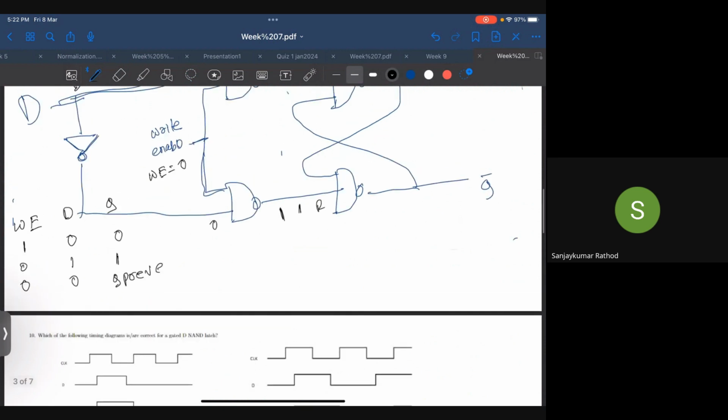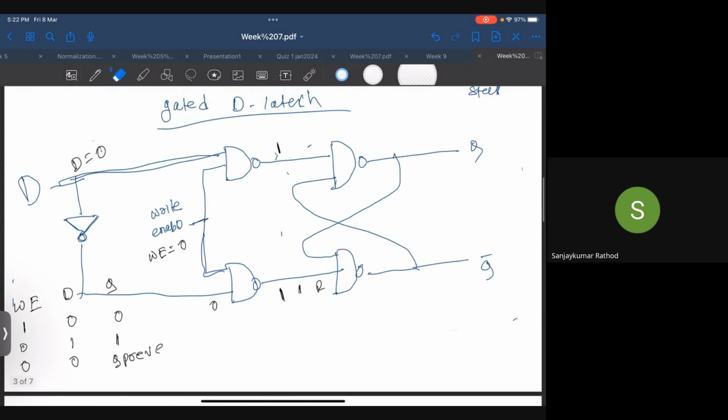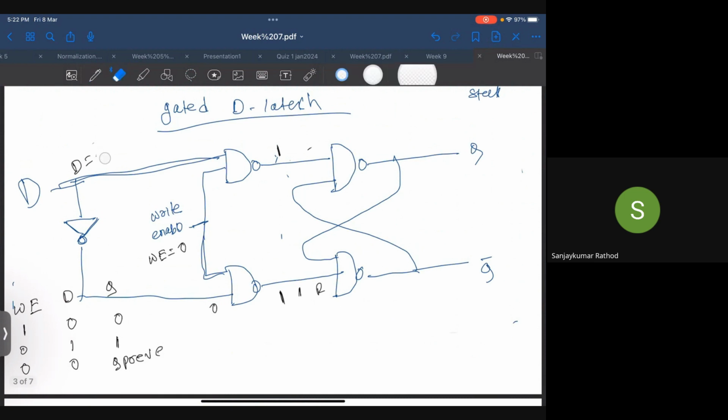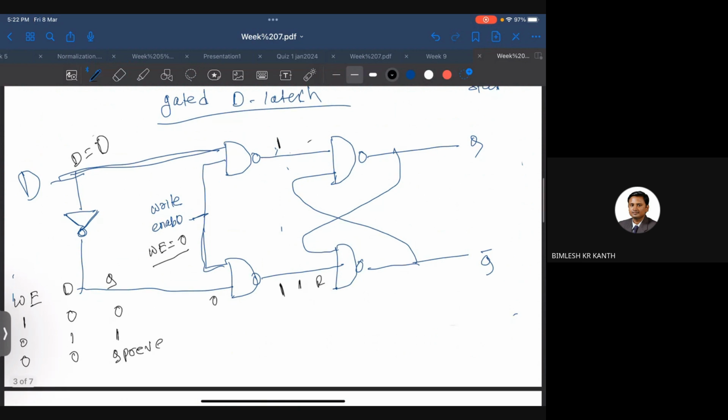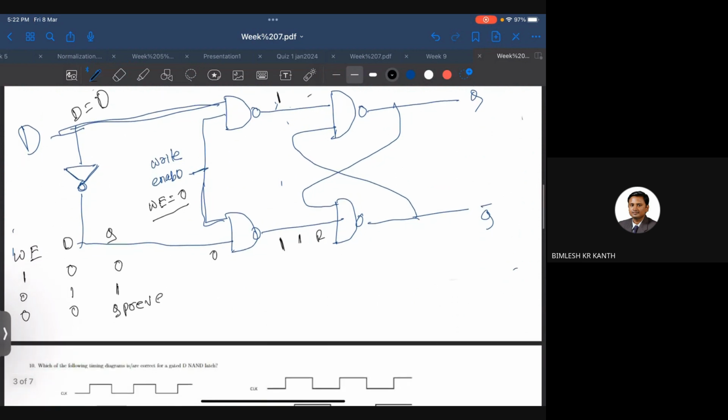When write enable equal to 0 and D equal to 1, what will happen? We have done that already. For D equal to 0 we have done. Write enable 0, D equal to 1.